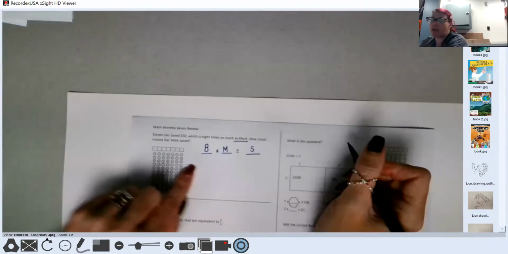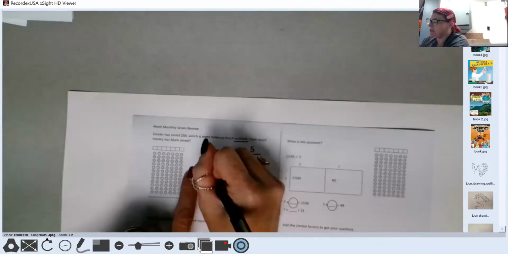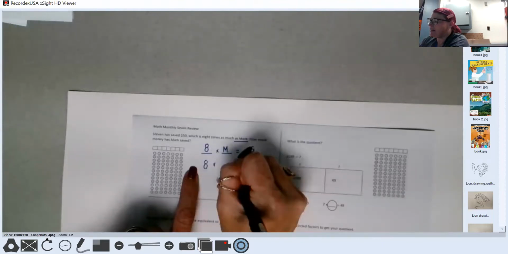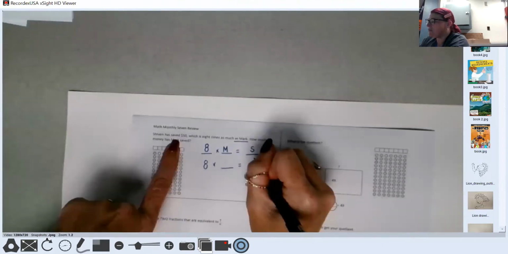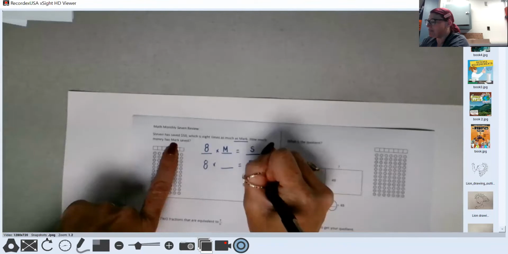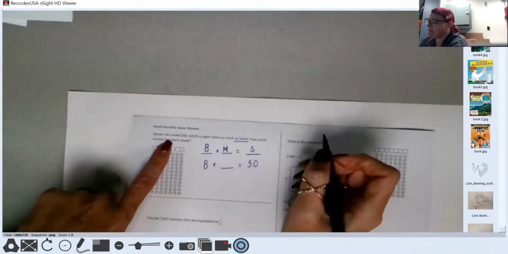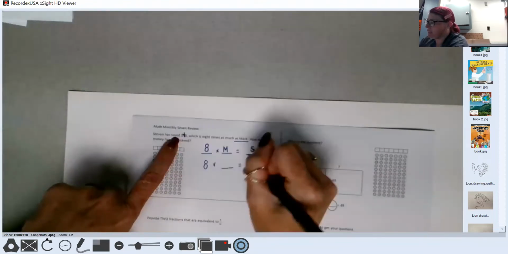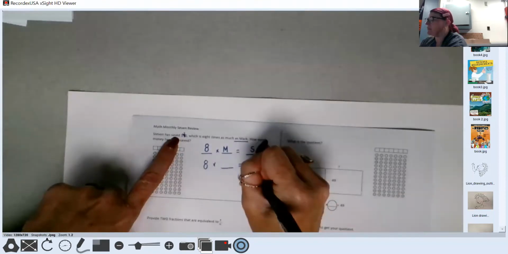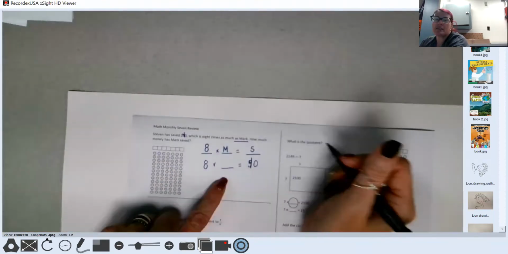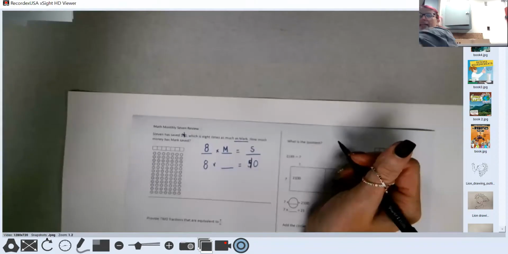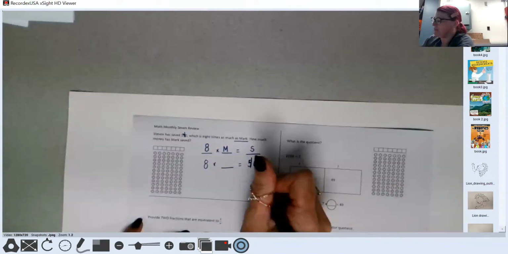So now that I know where my values go, I'm going to do 8 times blank equals 50. I'm plugging in Stephen. Oh, and you know that should be a 40. Made a mistake there when I typed it. 40. All right, so then I think to myself, well, what times 8 equals 40? And that's where the 5 came in.